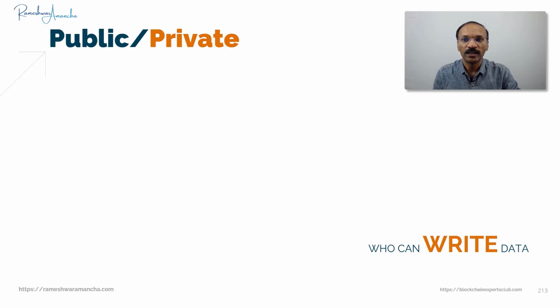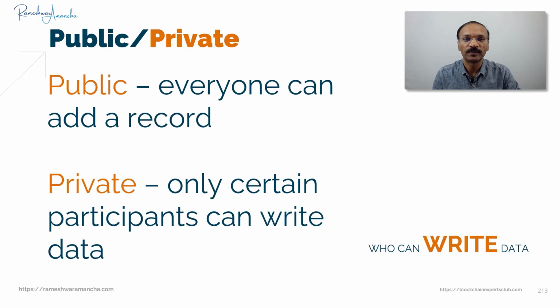In the case of public, you can check who can write the data. Before we determine what type of blockchain you're working on, you have to see the condition: are you able to write data to that particular blockchain? If you're able to write data to a blockchain, that's called public.